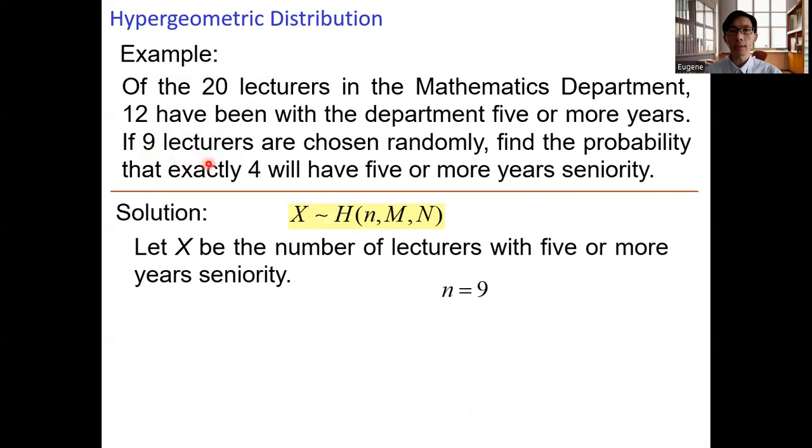And then the success. The event success corresponds to the lecturer with 5 or more years seniority. Here M equals 12, the number of successes in the population, and then the population size is 20.